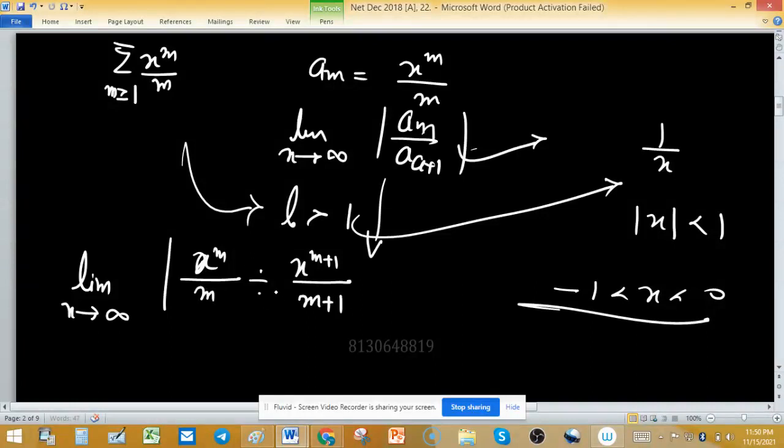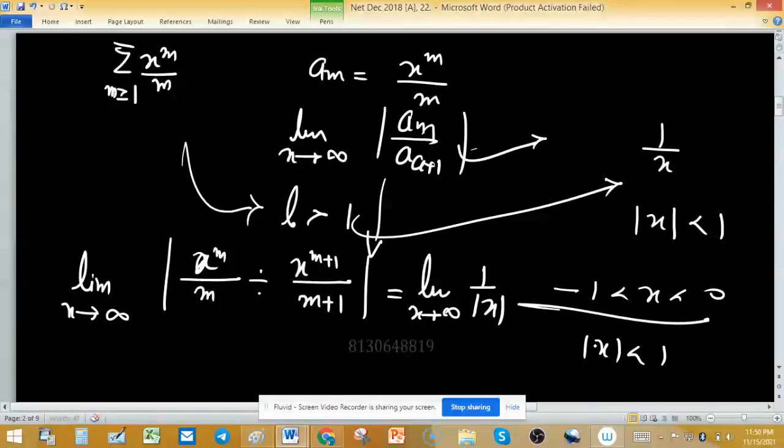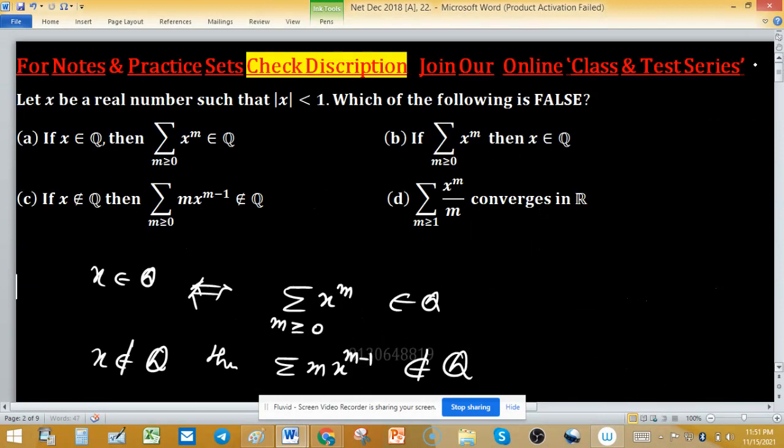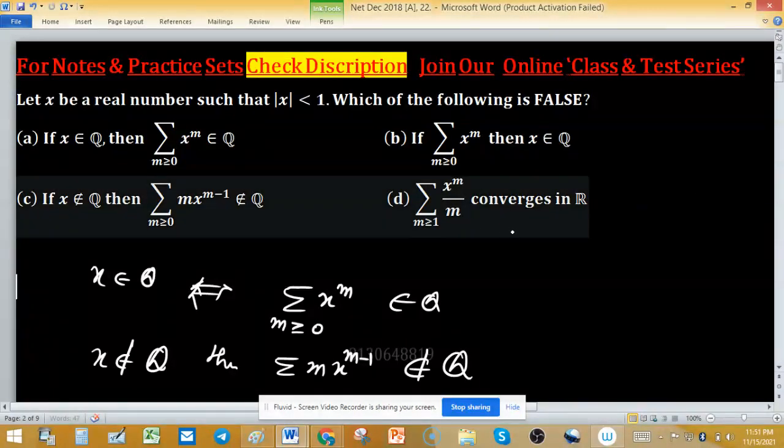The limit of this expression will equal 1 upon mod x, and mod x is less than 1. It means the reciprocal will be 1 upon mod x greater than 1. Because the limit is greater than 1, using D'Alembert's ratio test, this series is convergent. So option D is true.